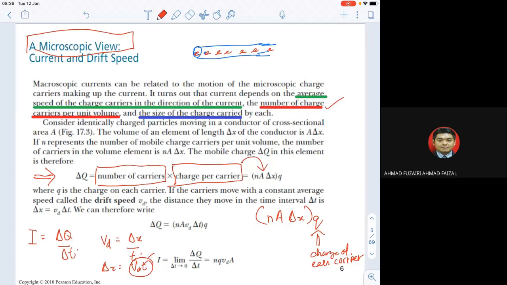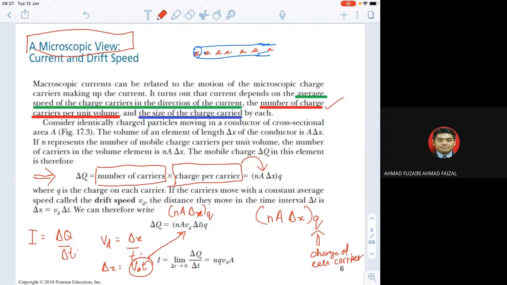If I write it down differently, we can have n, and we can have A delta x in brackets, and then times q. But delta x itself stands for Vd times t here, and you can bring it to this part.